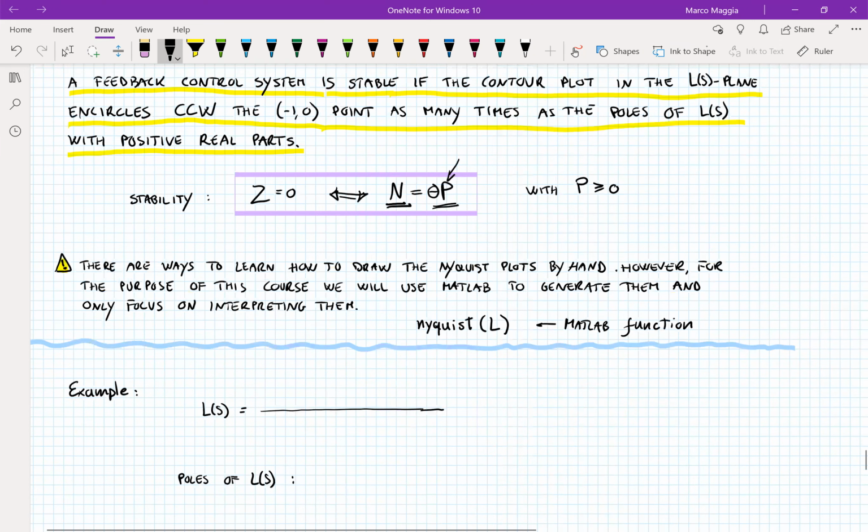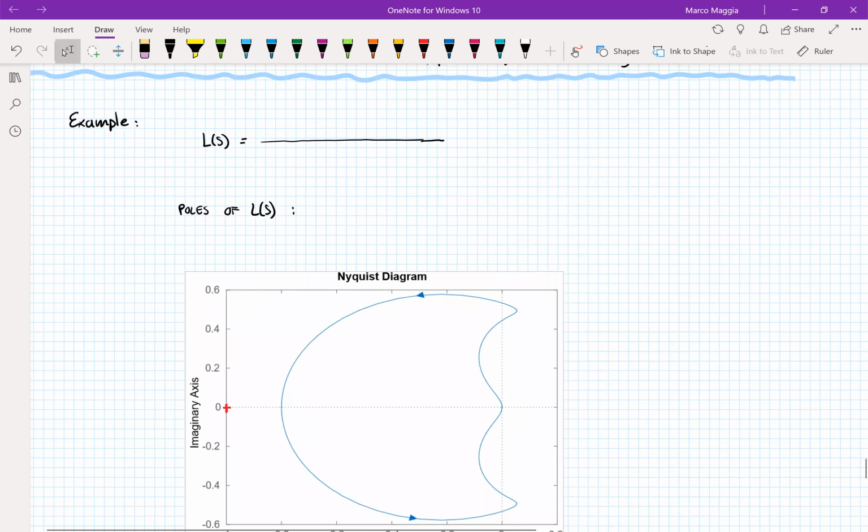Let's just take a look at a couple of examples. All right. L(s) equals (s plus 2) times (s plus 10) over (s minus 1) times (s plus 3 minus 4i) times (s plus 3 plus 4i).